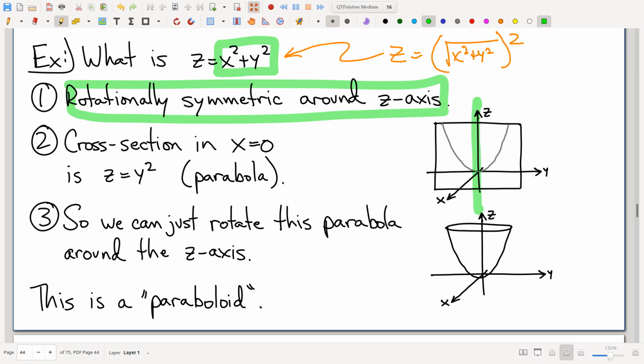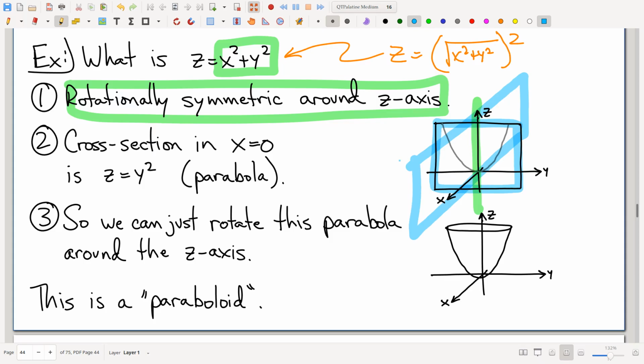Let's pick a cross-section. By the way, suit yourself. Any cross-section is fine. I'm going to use this one. But if you wanted, you could use that one.